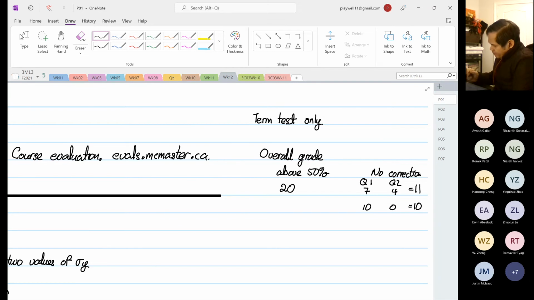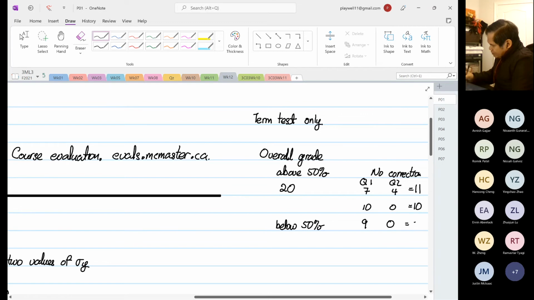Now, if your overall grade is below 50%, it's a different story. If in this one you get 9 and this one you get 0, this is equal to 9. I will ask you to do a correction for question number 2. However, the best grade you will get in this case is a 10.